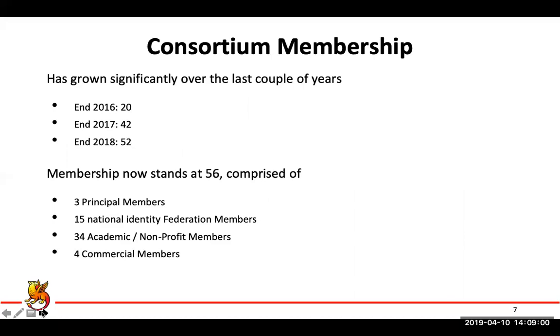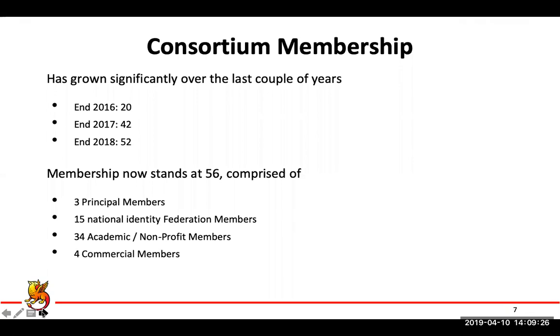In terms of where we are consortium membership wise, as I mentioned, we have grown significantly over the last couple of years. We've hit the 50 mark, which was just at the end of 2018, and we've now got 56. What we have seen over the last 18 months or so is a real growth in terms of the academic institutions joining, and a plateau of identity federations joining.